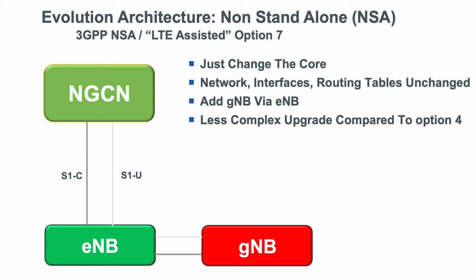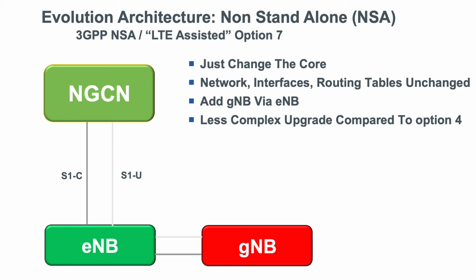The advantage here with just changing the core is that the network interfaces, routing tables, etc. remain unchanged. So this reduces the impact on upgrading to the new next generation node B and the new radio.